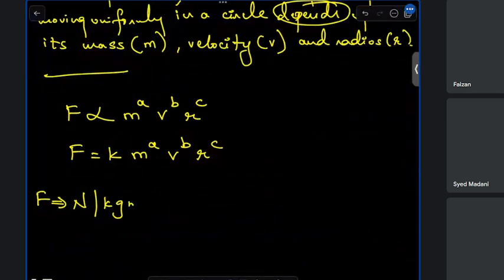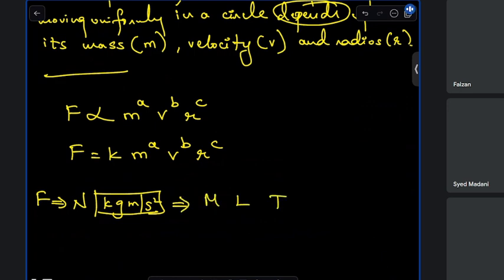Kg meter per second square. So it becomes M to the power 1, L to the power 1, T to the power minus 2. Mass is kgs. Kgs is M to the power 1, L to the power 0, T to the power 0.